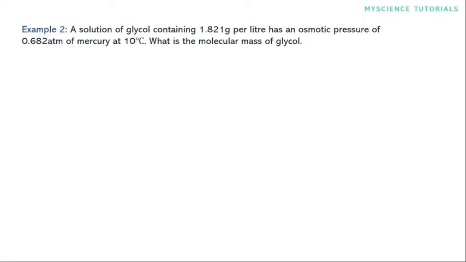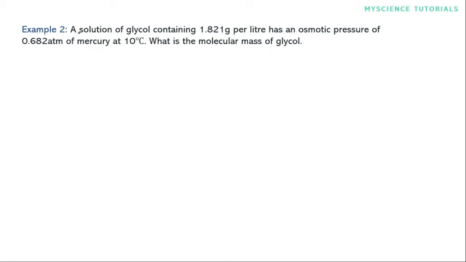A solution of glycol containing 1.821 gram per liter has an osmotic pressure of 0.682 atmosphere at 10 degrees Celsius. What is the molecular mass of glycol?